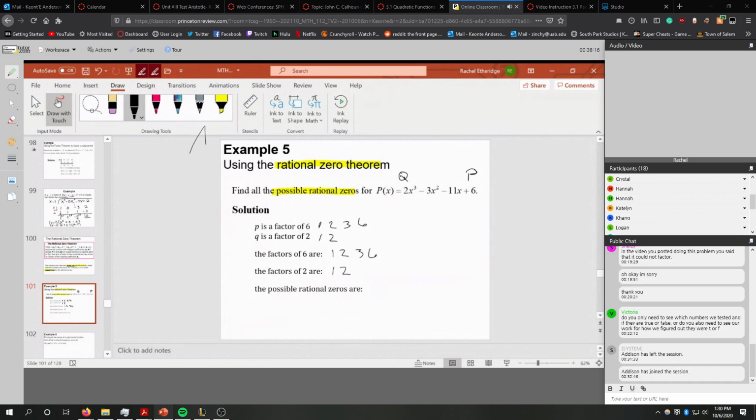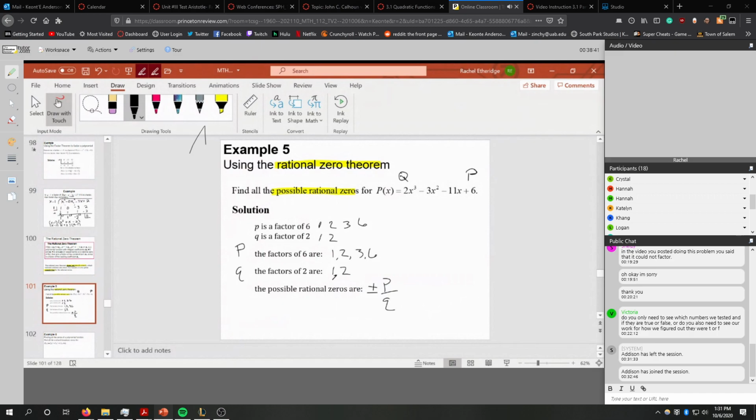The possible rational zeros are positive or negative P over Q. So you take all of your P's, and you put them over all of your Q's. And it could be plus or minus.